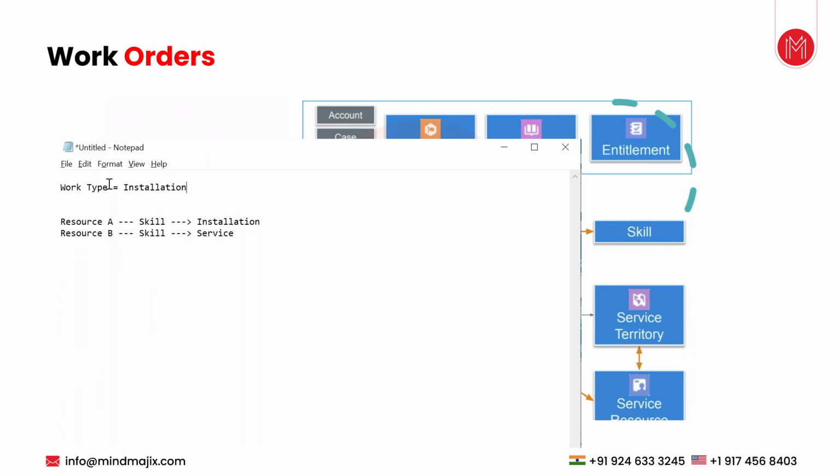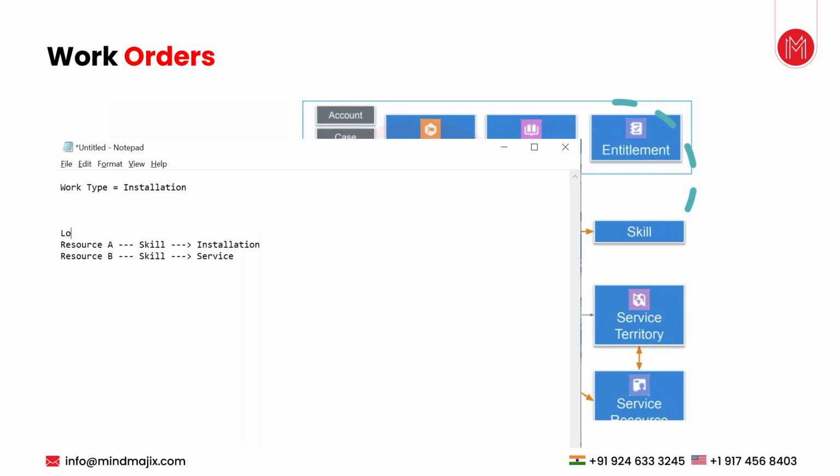So now I have to allocate a proper resource for this particular work order. So what my system will do is go and check the availability of the resource in the resource object. So how will it check here? I have to do one further level of filter. I have five resources under your location.